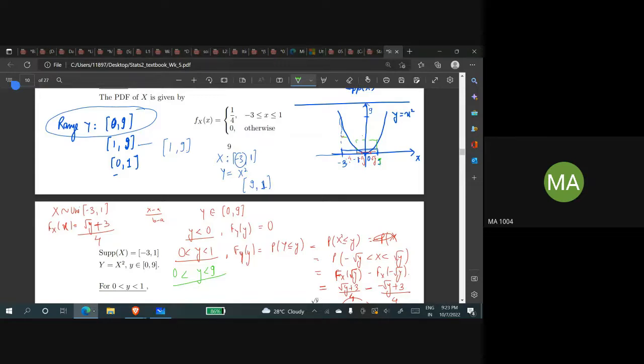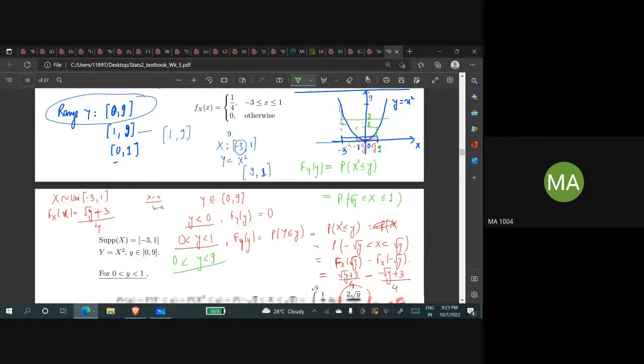Now if you take any y that lies between 1 to 9, then F_Y(y) will be the probability that x square is less than or equal to y, and this is the probability that x lies between minus root y and... it can go maximum till 1, right?